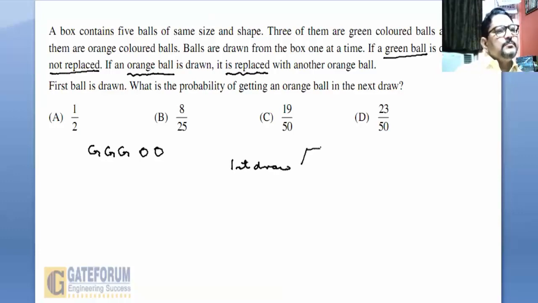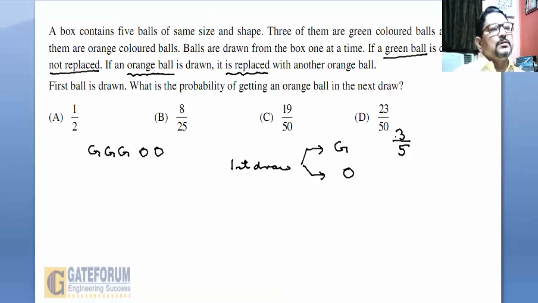It can be of 2 types. One is a green draw and the other is an orange draw. Now, had it been a green draw, the probability of picking up a green ball would have been 3 by 5 because the total number of balls were 5 and the total number of green balls were 3. Having picked up the green ball, it will go in my pocket.